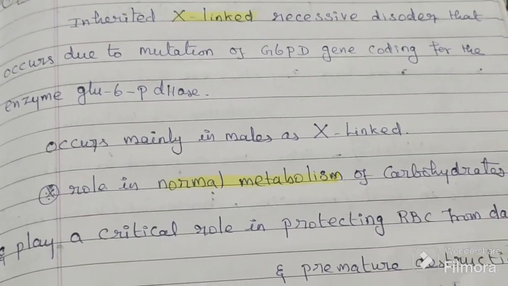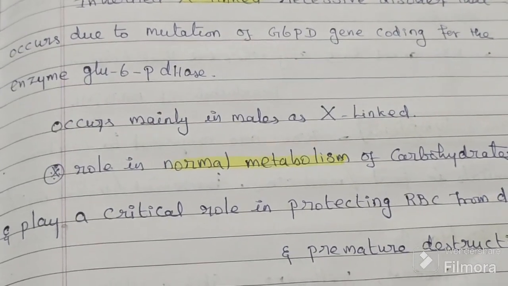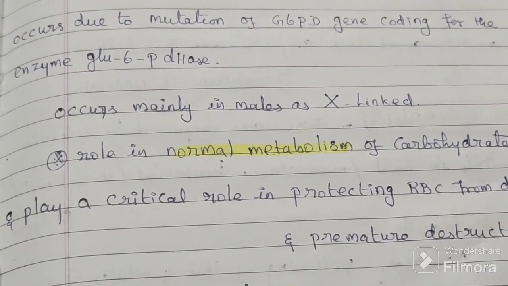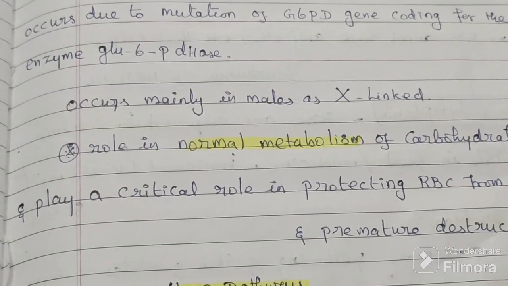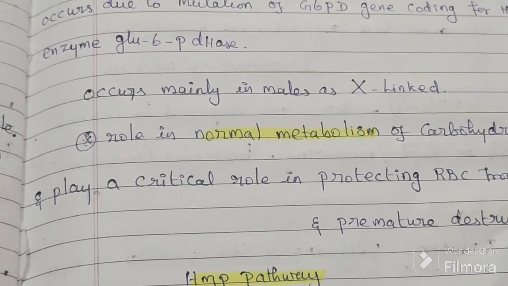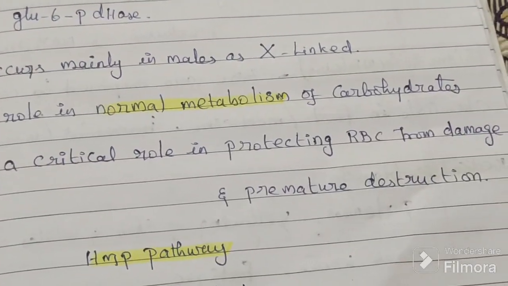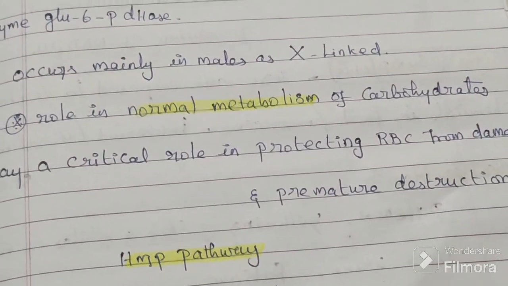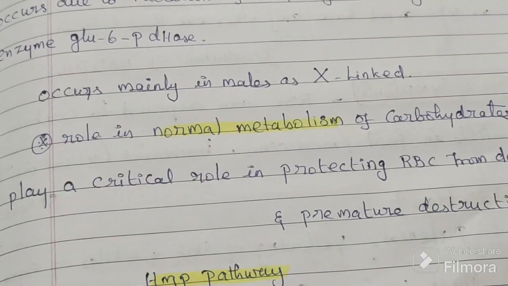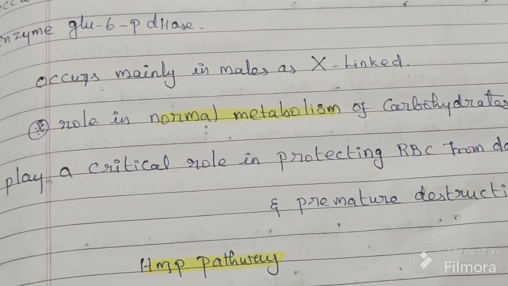Glucose 6-phosphate dehydrogenase enzyme plays an important role in normal metabolism of carbohydrate, and it has a critical role in protecting RBC from damage and premature destruction.